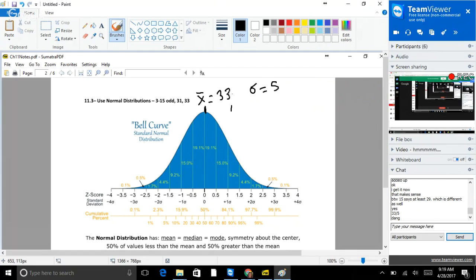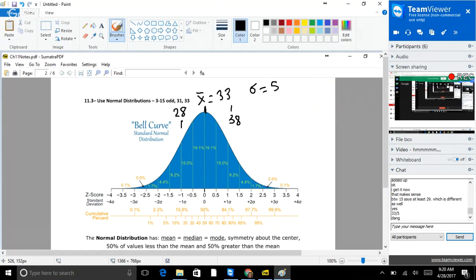So that's going to be 38, right? And what's over here where we're minus 1 standard deviation? 33 minus 5 is 28. That makes sense? Because we're really just talking about how far from it, not necessarily multiplying.